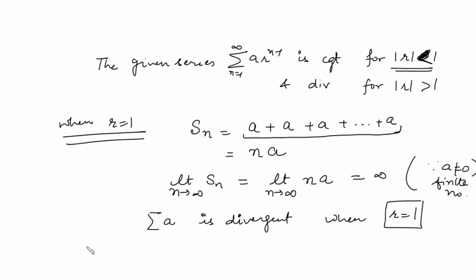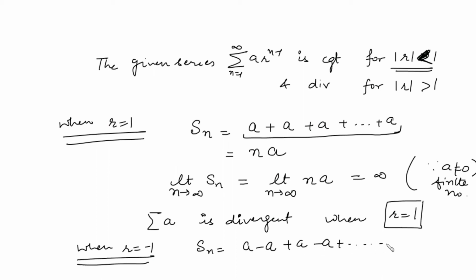The same when your r is minus 1, then what will happen? Again your Sn is a minus a, then plus a, then minus a, then plus a, and then minus a, and so on, minus 1 to the power n minus 1 into a.